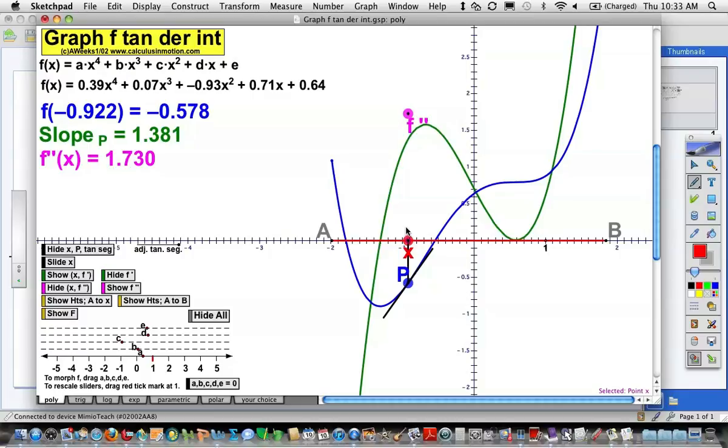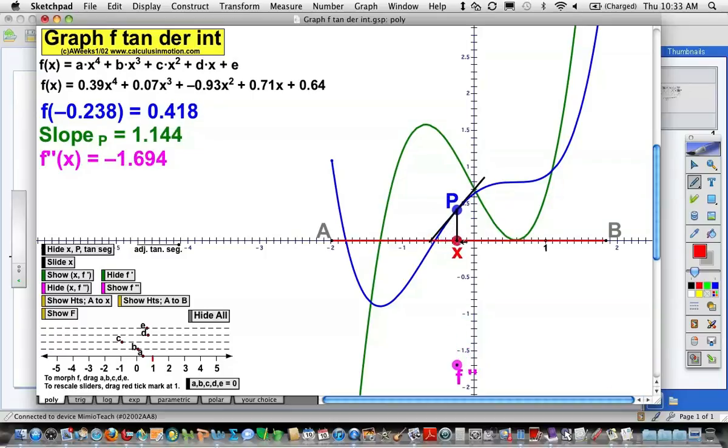So my green graph is increasing and concave down, so the purple graph should be above the x-axis, but decreasing. Here it comes. Now all of a sudden the green graph has a slope of 0. It's a local max, so the purple is going from positive to negative. Now the green graph is going down.